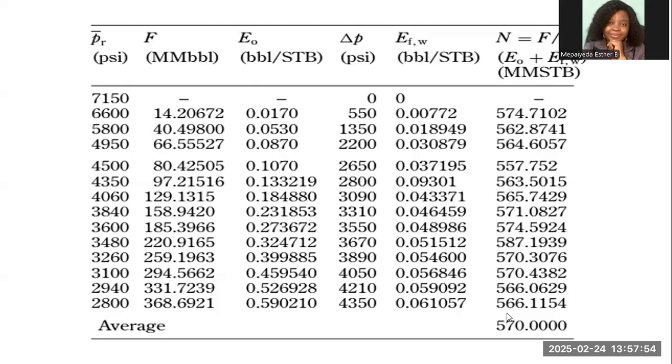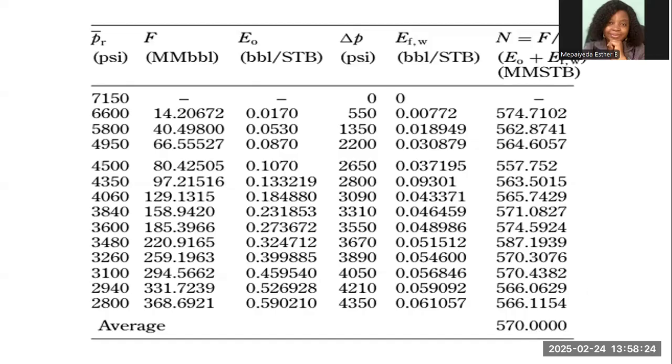So know the percentage difference between the volumetric estimate and the MBE estimate. Does the volumetric estimate overestimate OIP? Does the MBE overestimate OIP? Here we have 570 mmSTB.